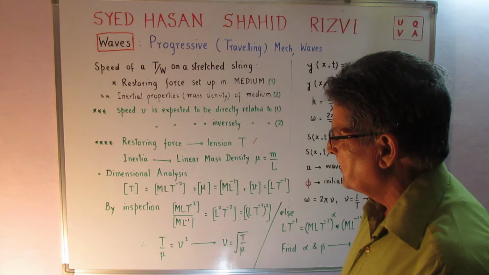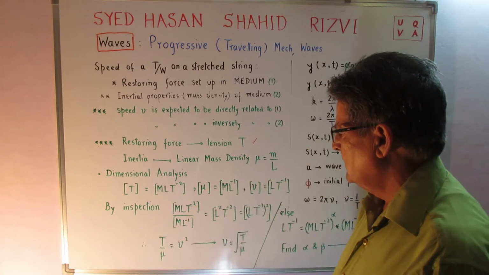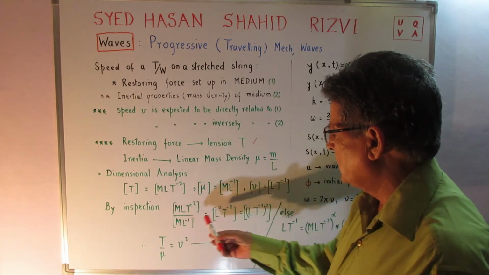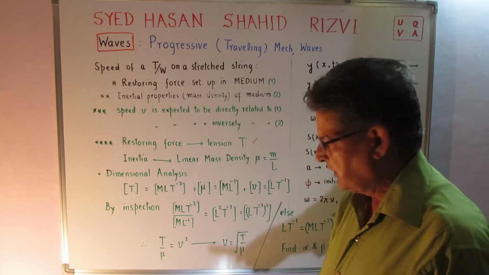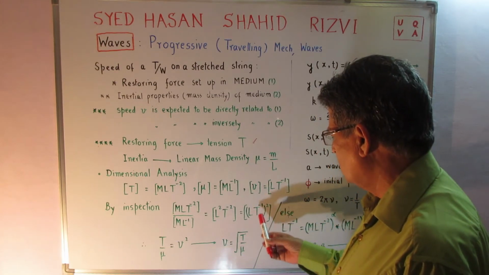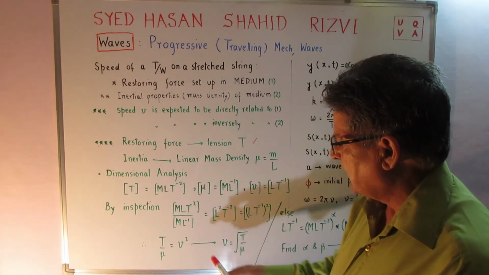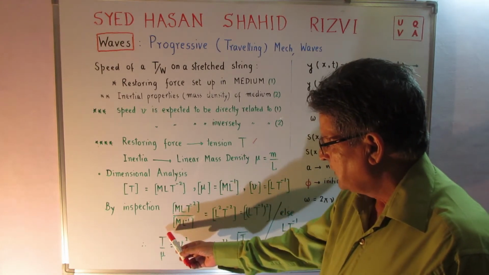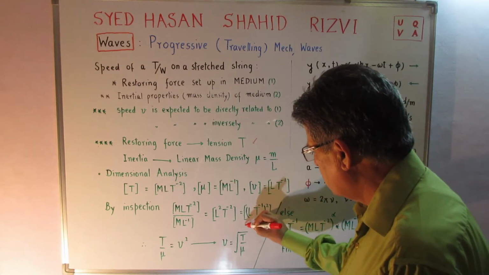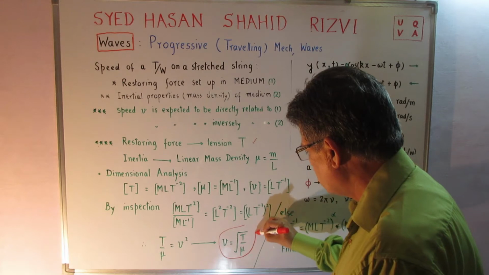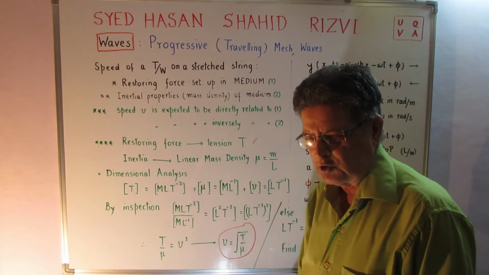By inspection, MLT^-2 divided by ML^-1 turns out to be equal to L^2 T^-2, which I can write as (LT^-1) whole square. So this is the dimension of velocity. So we can write that the velocity square is equal to tension upon the mass per unit length, which leads us to this equation.